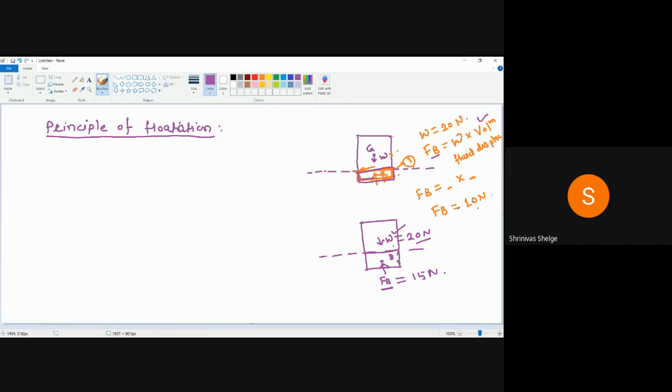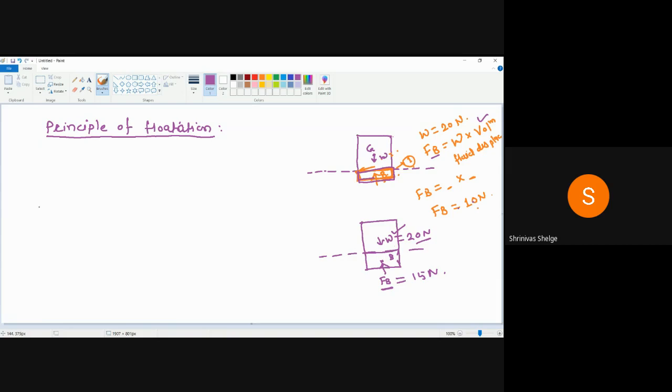So remember that whenever a body is floating in a fluid, the weight of the body is always equal to the buoyancy force, and that is nothing but the principle of floatation.